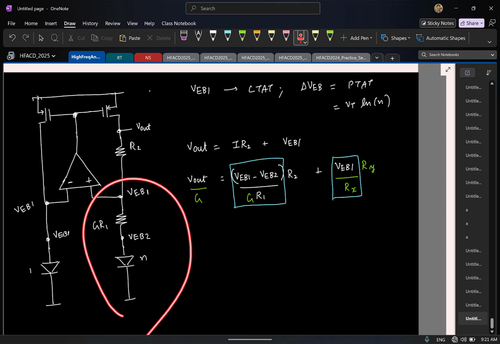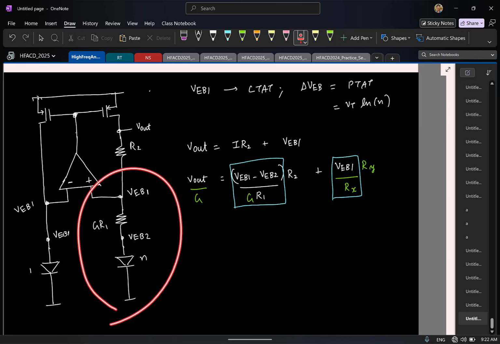What can I do here? And if I look at the current flowing through this resistor, I get the first term, correct? Now I want to get a current which is VEB1 by Rx. Look at the circuit here. What can I change here so that I can get a current that is equal to VEB1 by Rx?